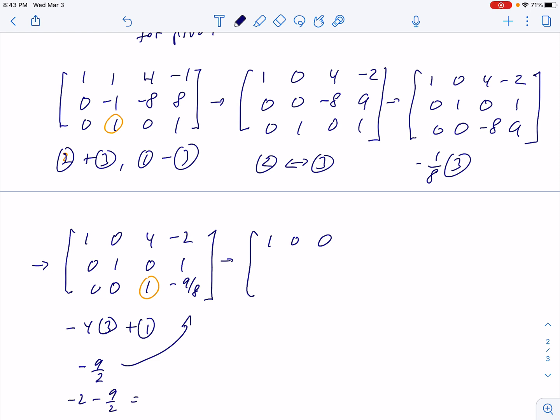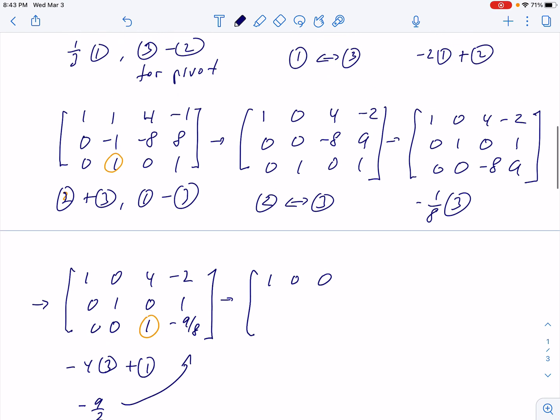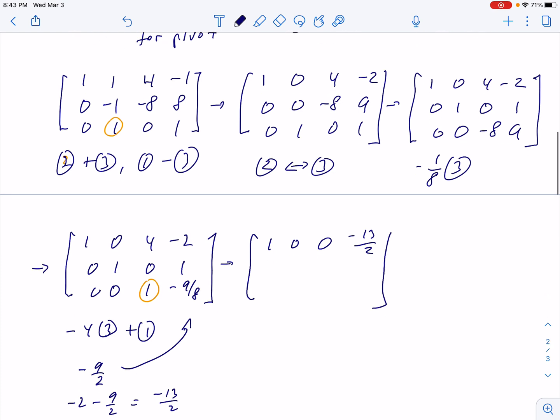This will be negative 13 halves. This is what happens here. Negative 13 halves in this position. I don't make any other operations, so just rewriting the others. 0, 1, 0, 1, 0, 0, 1, negative 9 eighths.